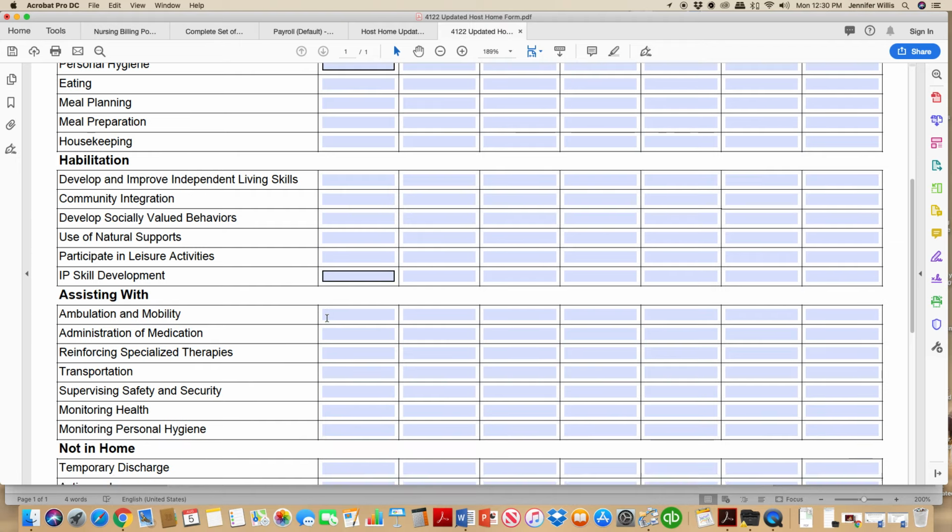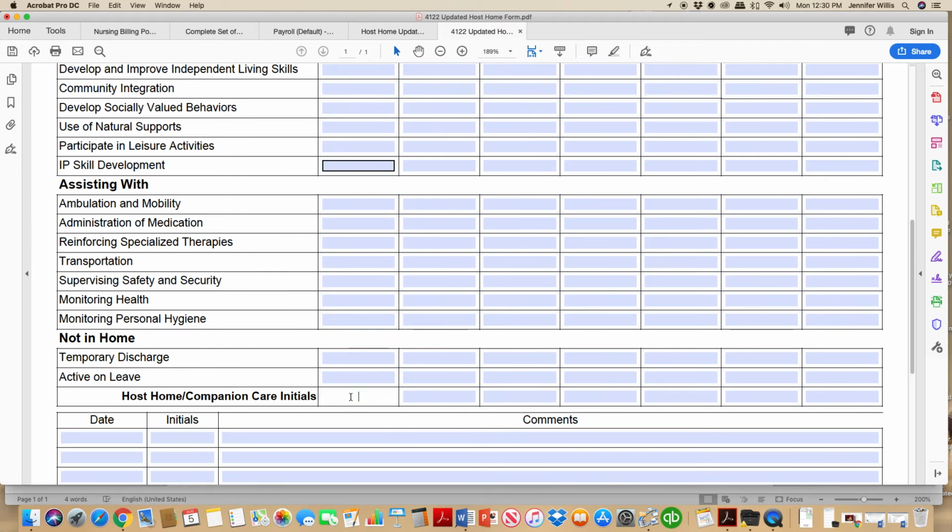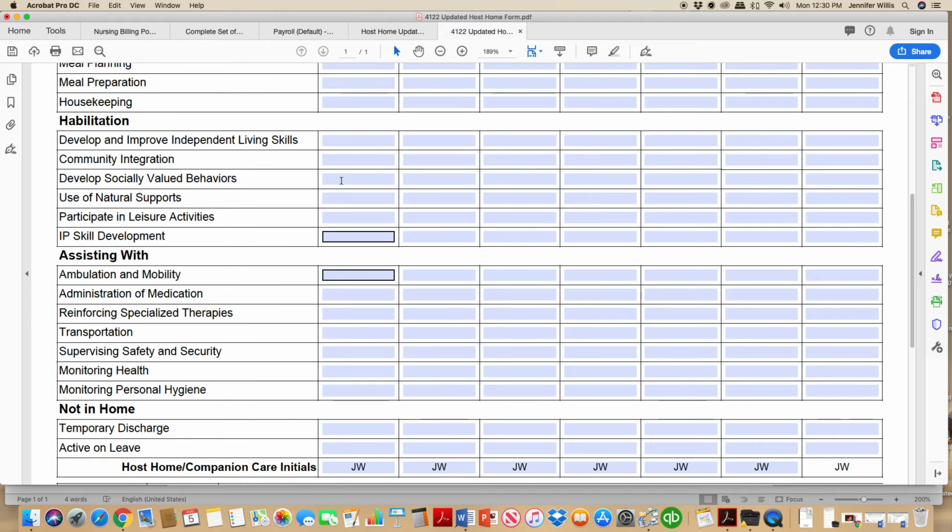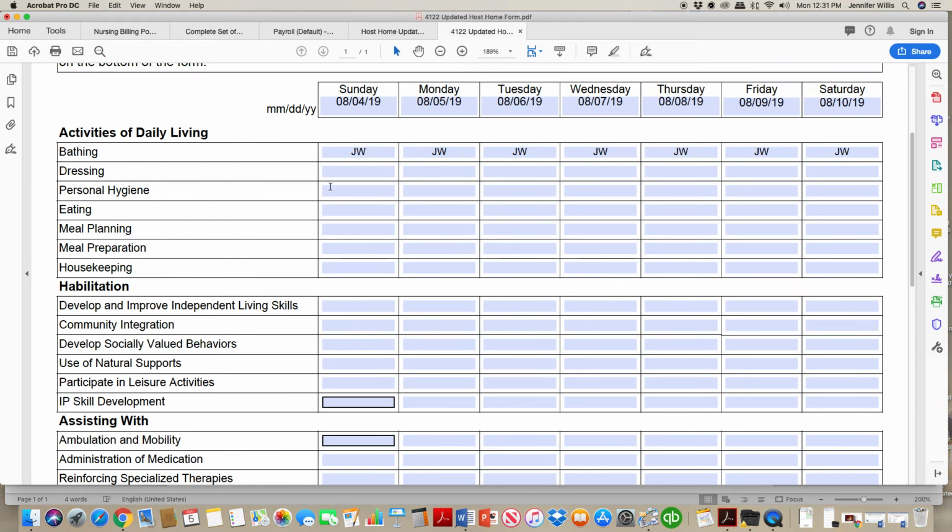And then at the end of the day as well, you're going to initial at the bottom every day where you've completed the days. Not every box needs to be checked or initialed. You only need to initial the things that you're actually doing. So if James is not independent in bathing, yes, we're going to initial that we assisted with bathing.